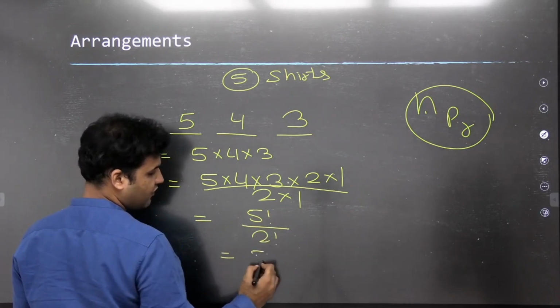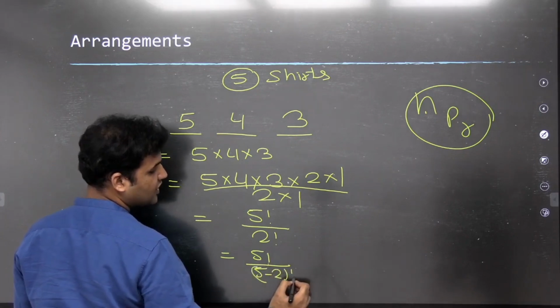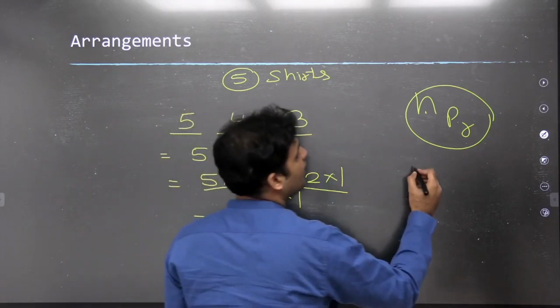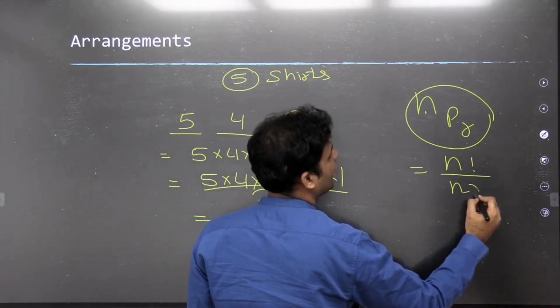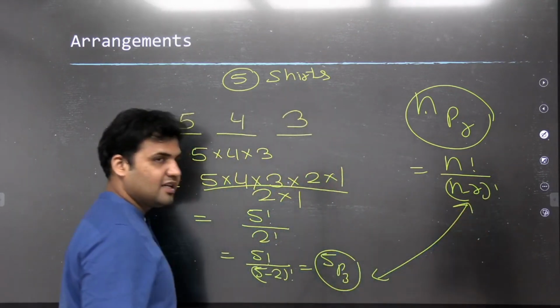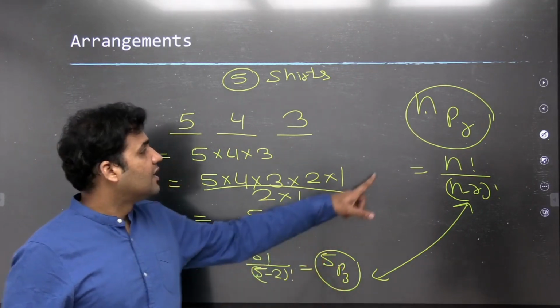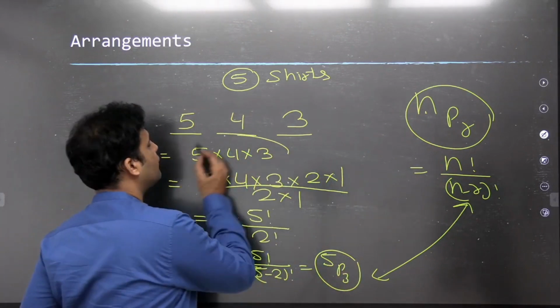This can be written as 5 factorial upon (5 minus 3) factorial, which is nothing but 5P3, because the formula of nPr is n factorial upon (n minus r) factorial, which, you can see, is exactly similar. If I'm arranging 3 objects out of 5 objects, this formula will give me 5P3, which is the same as 5 into 4 into 3.